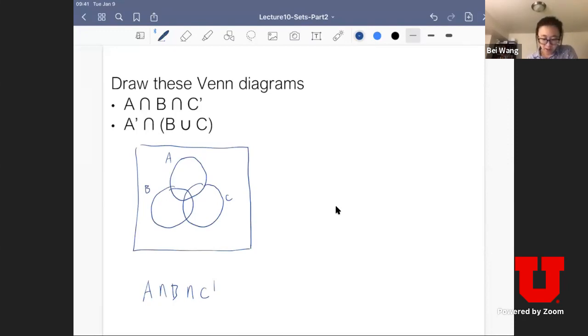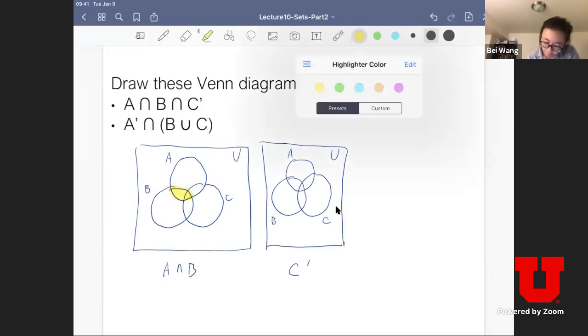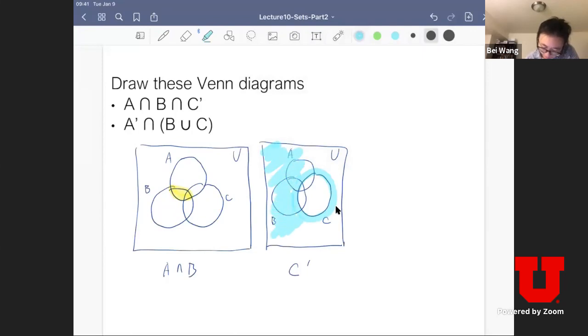If I were going to take A intersect B, let's first do A intersect B. What do I have? I have this yellow piece. That's A intersect B. But now I want to take this yellow piece and also intersect C complement. What is C complement? C complement is everything outside C. So the final result is taking the yellow area intersect the blue area.